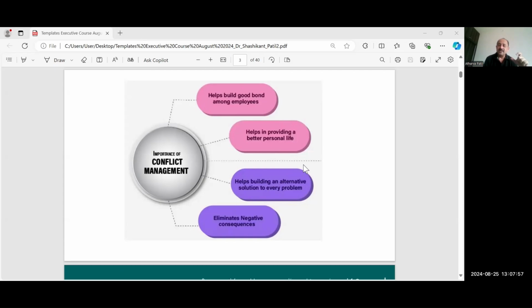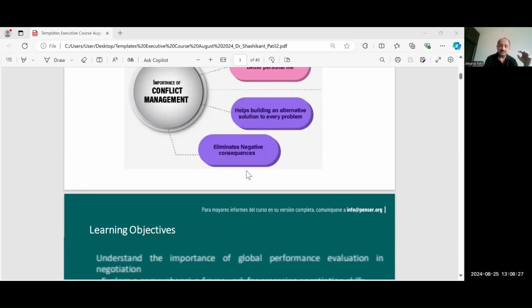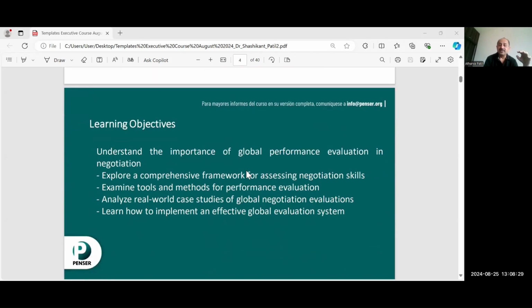But if you wisely, properly, and strategically manage the conflicts and resolve them, it will give an alternative way to sort out that particular problem. It also eliminates negative consequences. So that is why conflict management, negotiation skills, and resolving conflicts in a tactical way help a lot. Let us move to the learning objectives of this session.